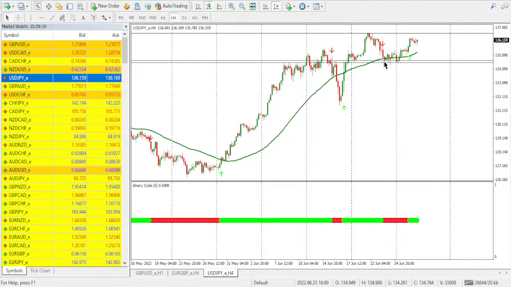We have a series of supports, and then we have a support there.